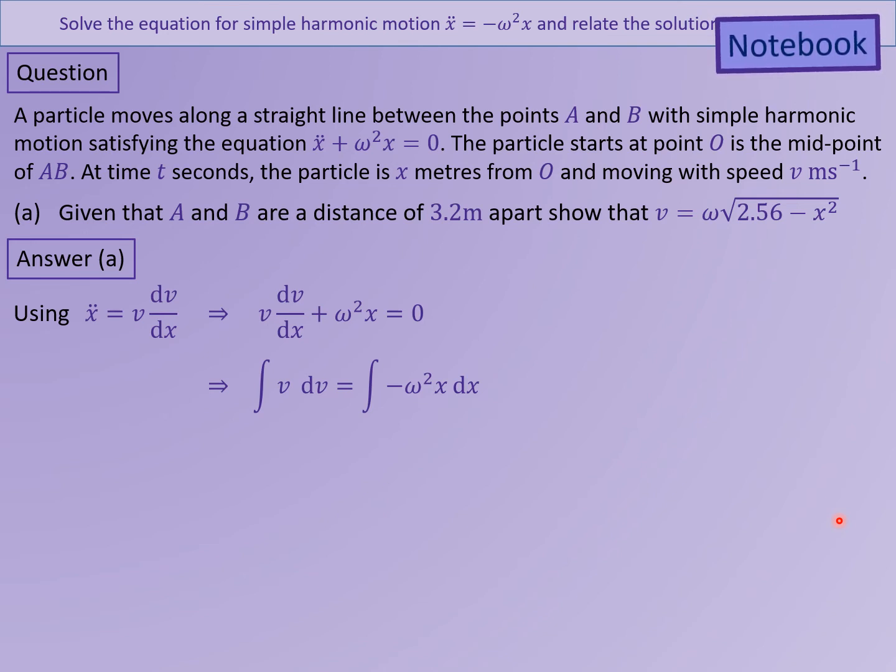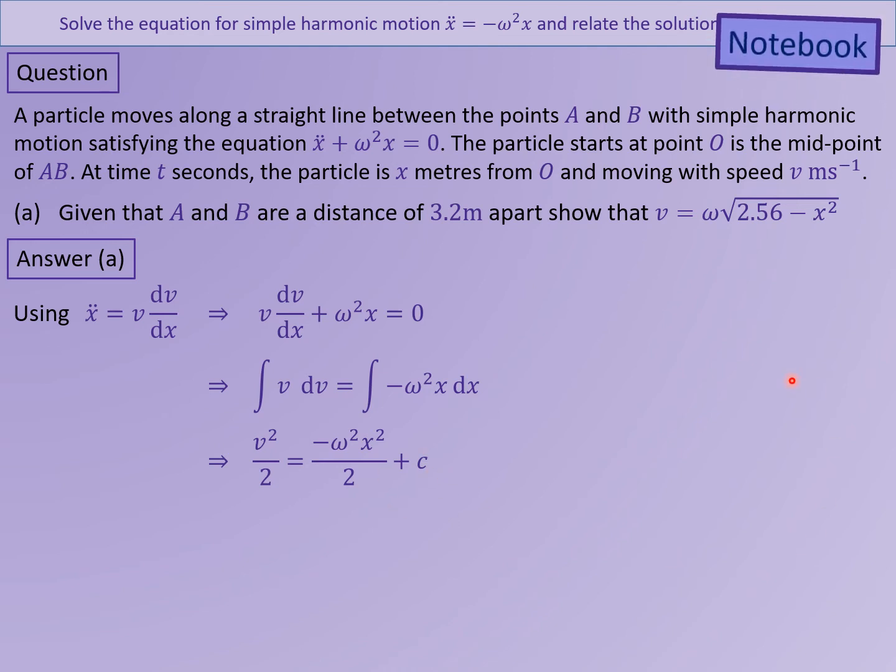And then I can integrate both of those. Don't forget that minus omega squared is just a number, so I could take that out if I want to. And so if I'm integrating v in terms of v, it's going to be v squared over 2 equals x squared over 2 times minus omega squared, plus some constant of integration.